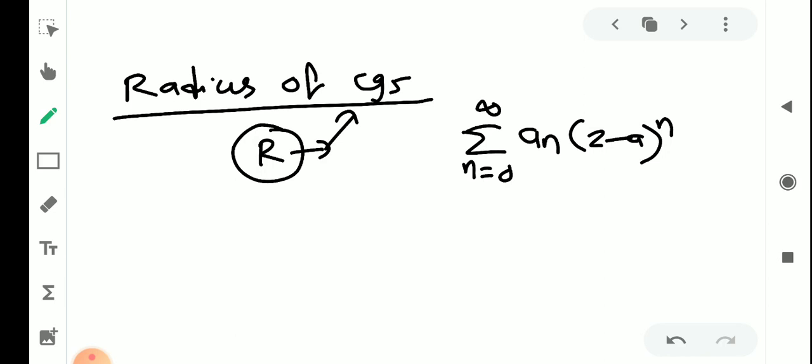The radius of convergence of this power series is the radius of the largest circle in which this series converges.